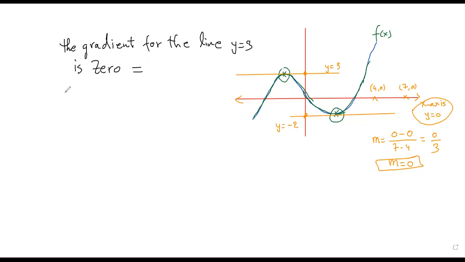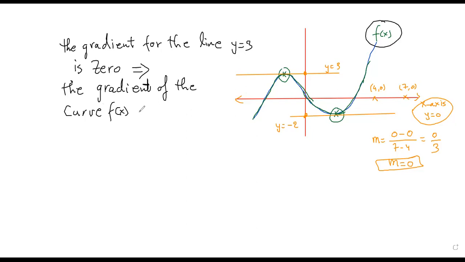This implies that the gradient of the curve f(x) in our example, at this point, let's say x equals -2, is 0.